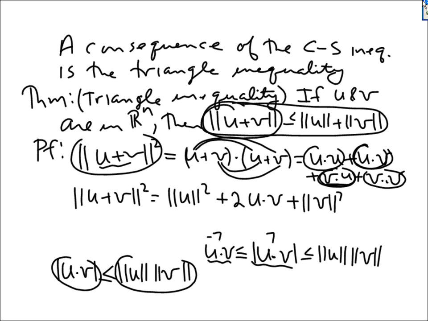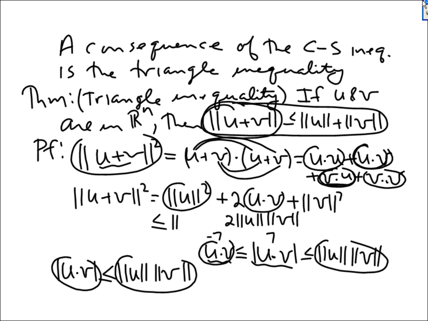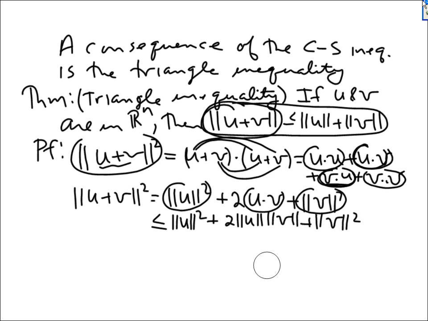So what I want to say is that u dot v is less than or equal to this. So instead of u dot v, I'm going to put something larger: 2 times the length of u times the length of v. And the other terms I'm not touching, the length of u squared and the length of v squared. And now we have it.